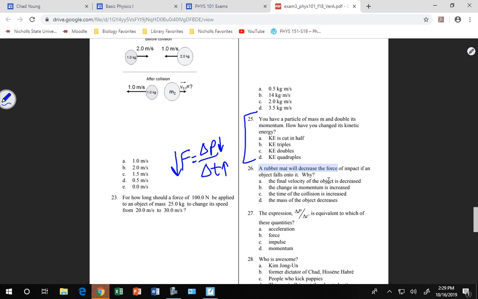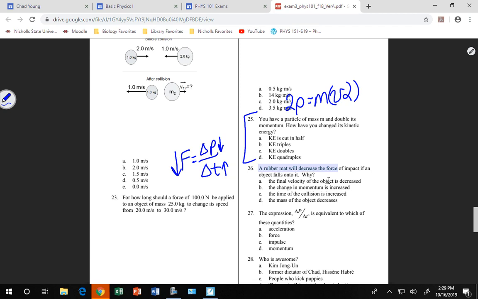Probably going to see something like this, okay? Oh, let's see. Okay, so if I have a particle of mass m, that means m doesn't change. It is what it is. But if I double its momentum, I know that momentum is m times v. To double this particle's momentum, I will have had to double its velocity.